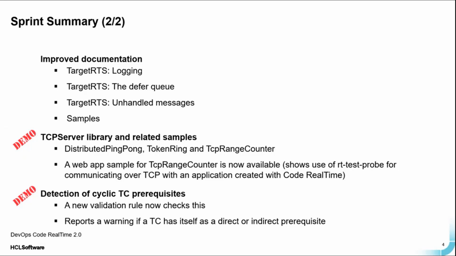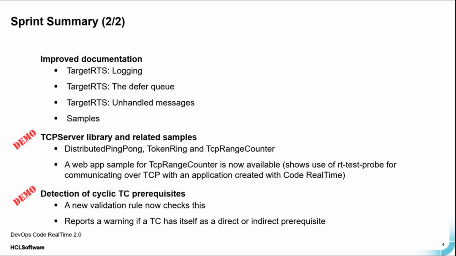And there are a few new samples in this release. I mentioned here the distributed ping pong, token ring, and TCP range counter. They were all enhanced or created in this release, and these three samples all make use of a library called TCPServer library. That library is a direct port of the library with the same name from Model RealTime.